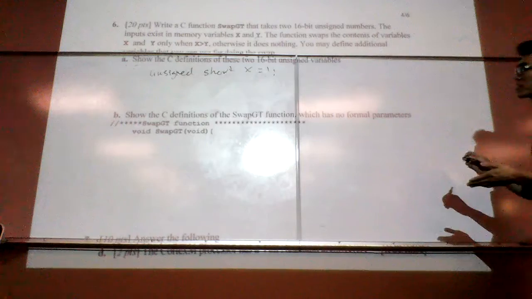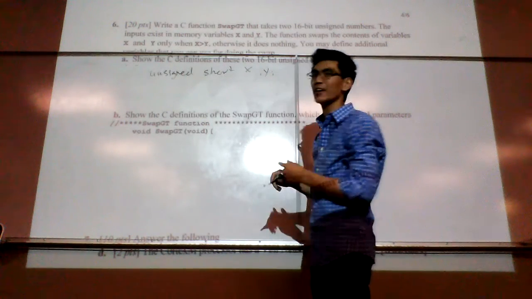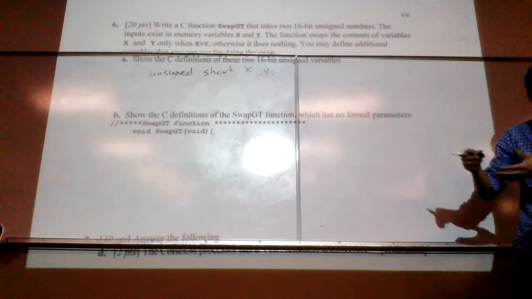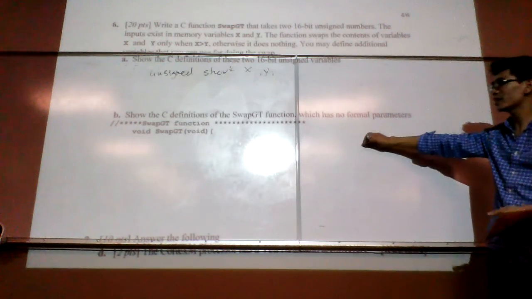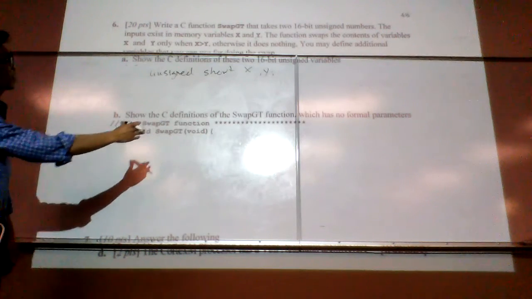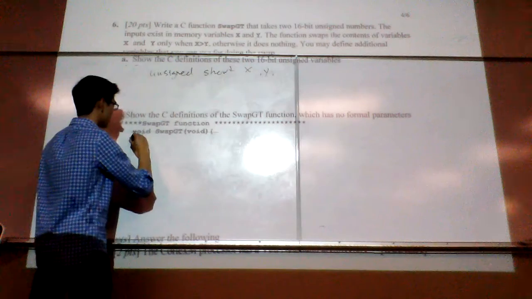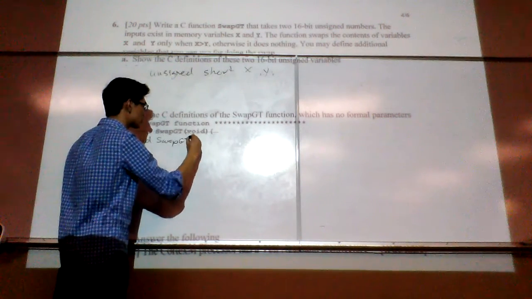So the answer to this is definitely that you just need to declare an x or y variable, right? When I say a function that takes two variables, that's what I have a contention with in this problem, because he gives you void swap GT void, right? I think this is wrong, because you should have to change this in order to actually take two variables, right?